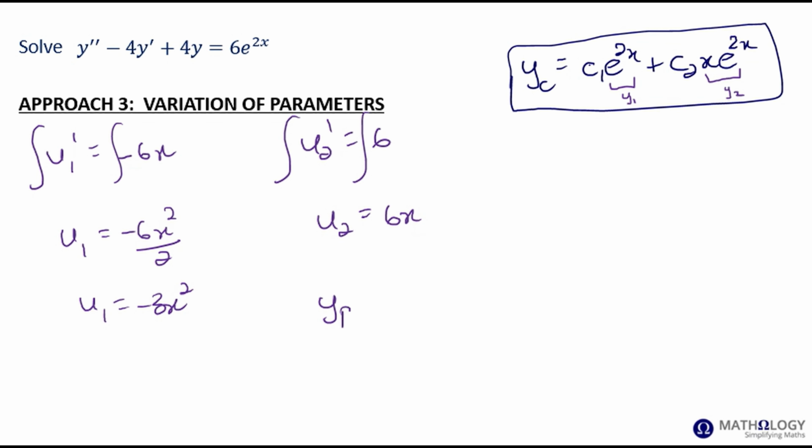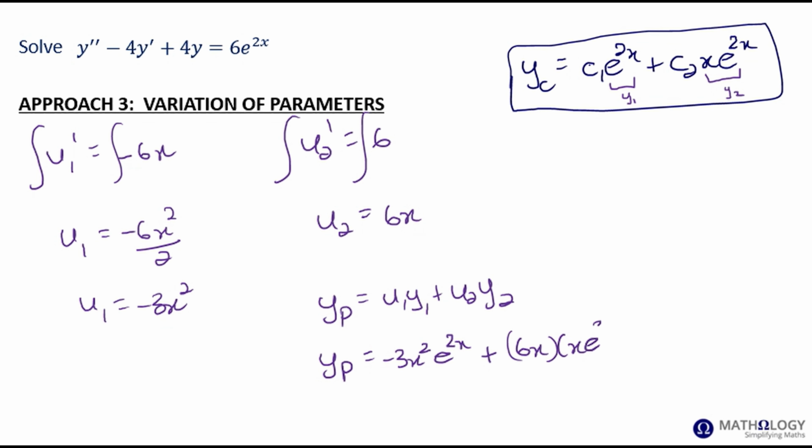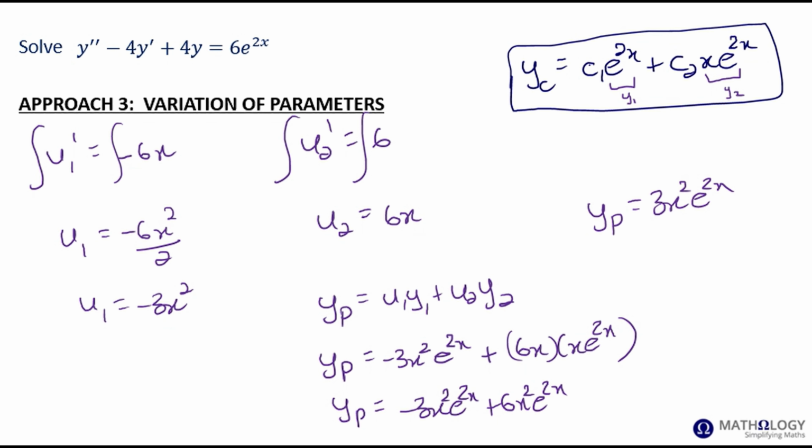So the particular solution is u1 y1 plus u2 y2. u1 is minus 3x squared, y1 is e to the 2x, plus u2 is 6x, and y2 is x e to the 2x. So the particular solution is minus 3x squared e to the 2x plus 6x squared e to the 2x. So the particular solution is 3x squared e to the 2x.